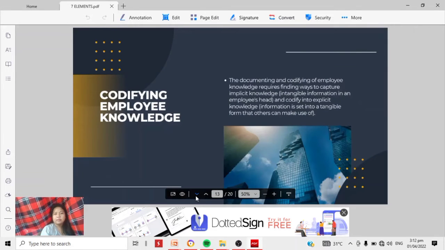Next, codifying employee knowledge. Codifying employee knowledge requires finding ways to capture implicit knowledge. From the word codifying, it means to code. Code employee knowledge is to document or rate how your employee managed to know their position in the company.